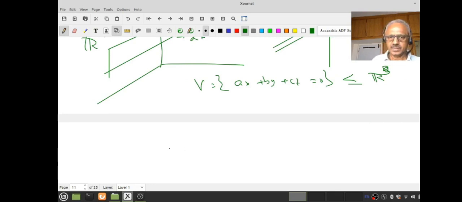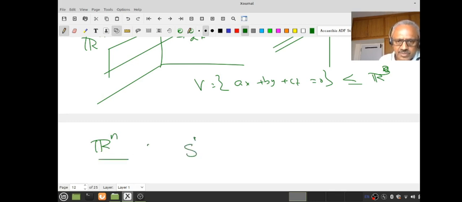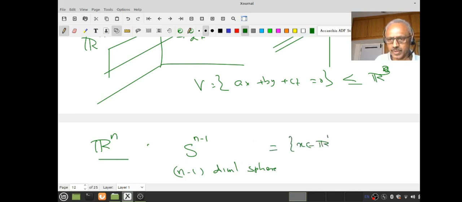Now let's look at a few more examples. In Rn, as I said, there is a dot product. With respect to the dot product, I can form what is called the (n minus 1)-dimensional sphere. For example, in the case of n equal to 3, you have the ordinary sphere in R3, given by the set of all x in Rn so that x dot x equals 1.